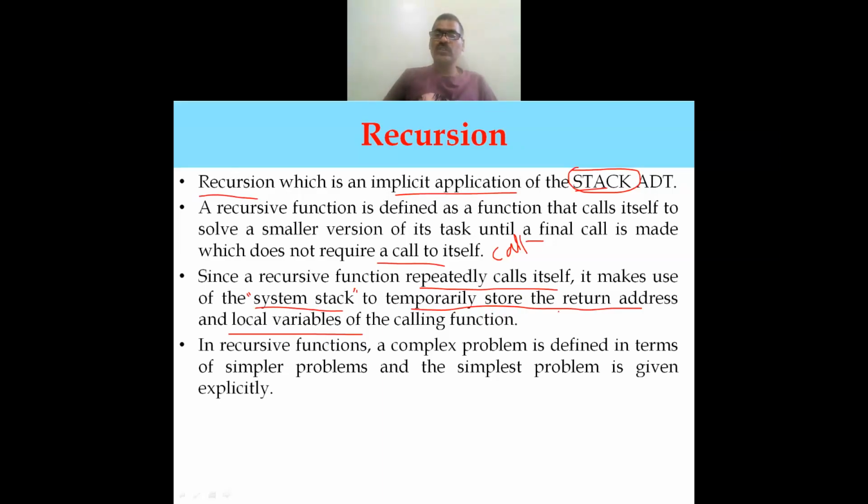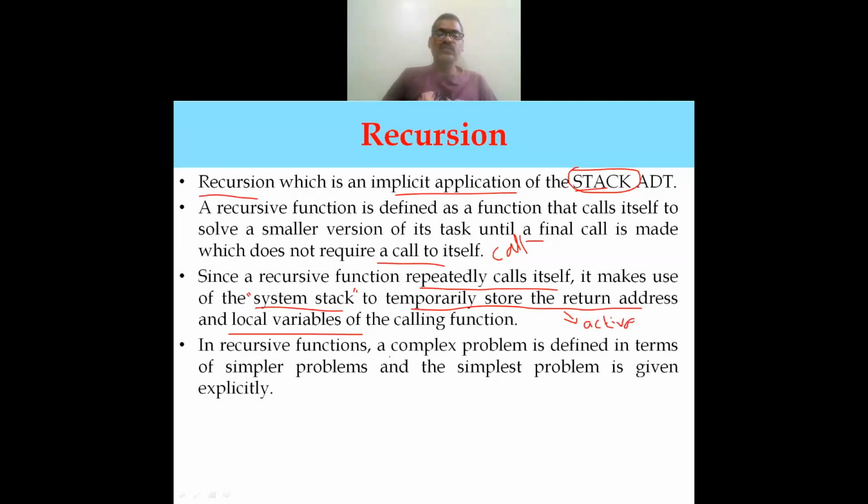What are we going to store in the system stack for that call? We store the return address as well as the local variables at that particular call, with their values. Together, the return address and the local variables are called an activation record. This activation record will be stored in the system stack for every recursive call statement.